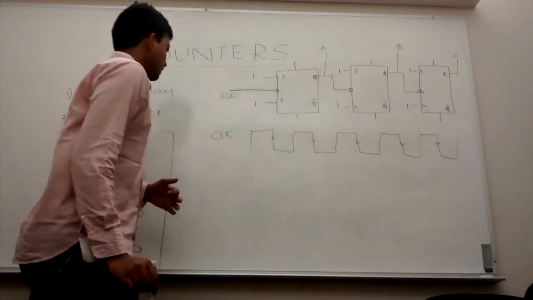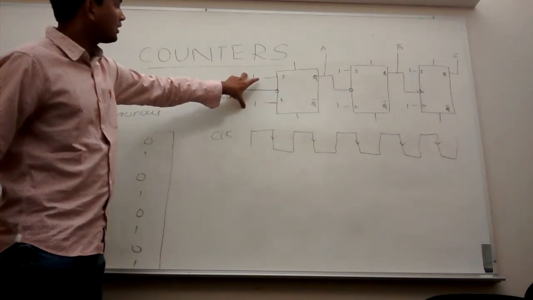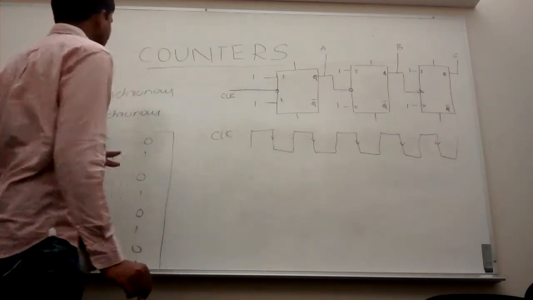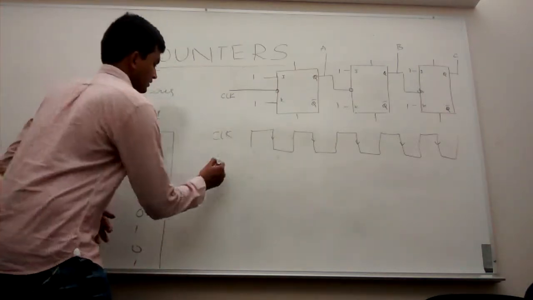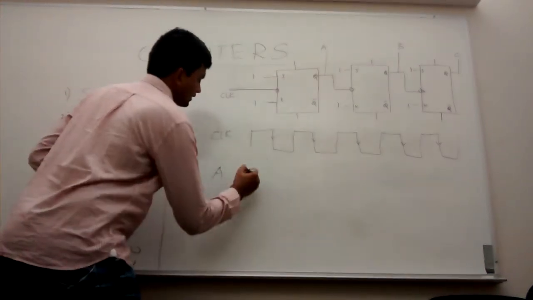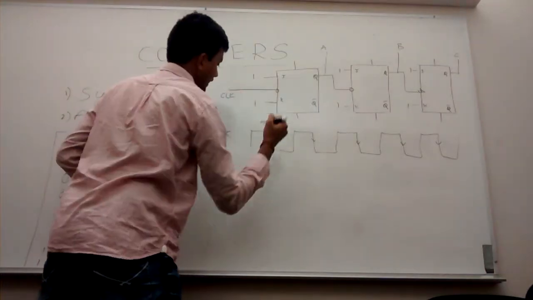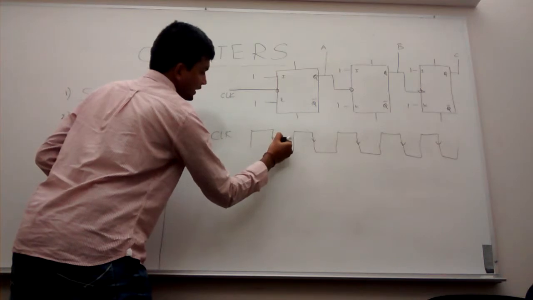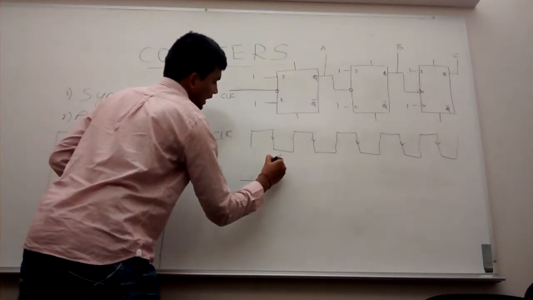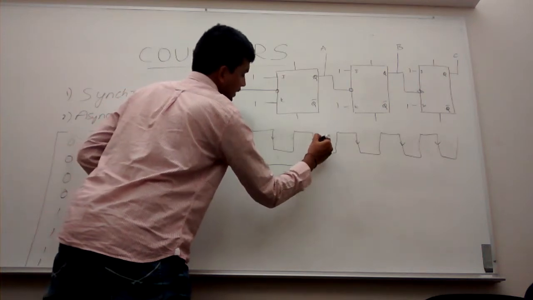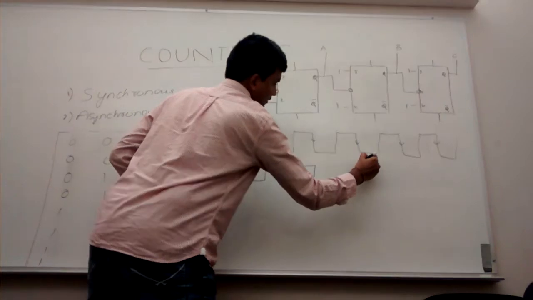That means the input is 1 1, so if the previous output is 0, the output will be toggled to 1. So here the initial output will be 0, that is for A, and at the negative edge the output will be toggled. That means it becomes 1 and stays till the next negative edge, and it becomes 0 at the next negative edge, and it goes on.